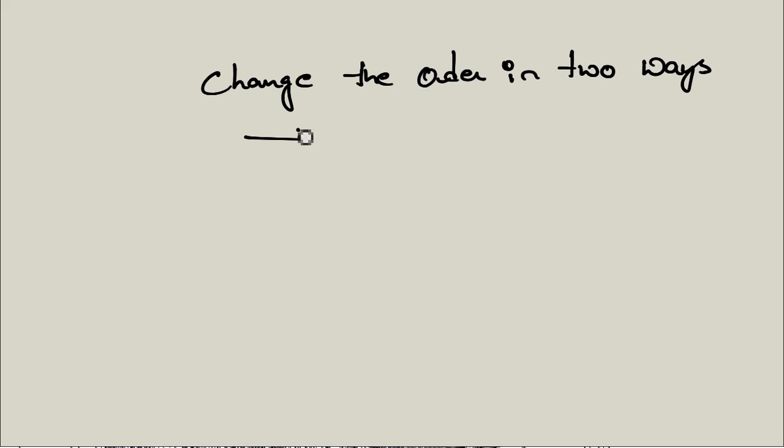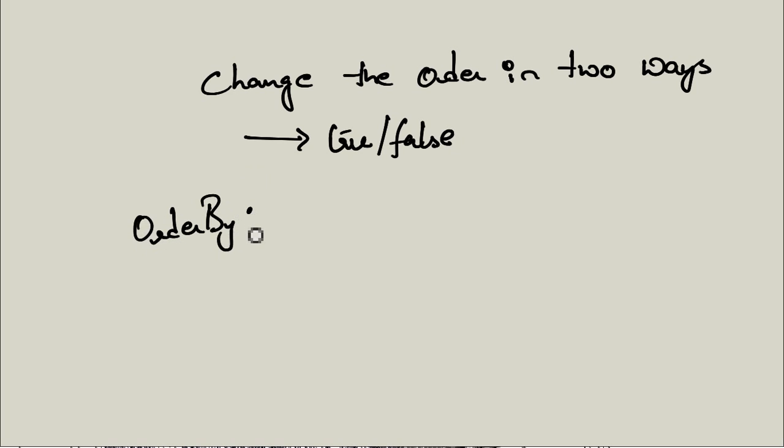The first way is by supplying one more input parameter with true or false. In the order by filter, we will supply a parameter saying which property it should order by, so we are saying order by salary.